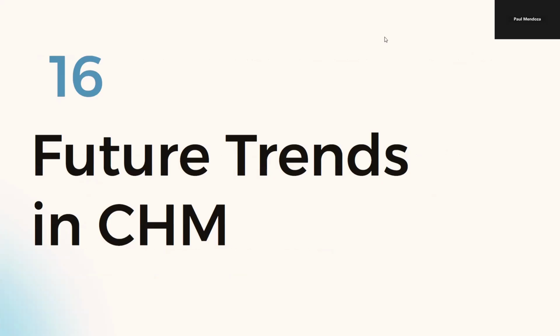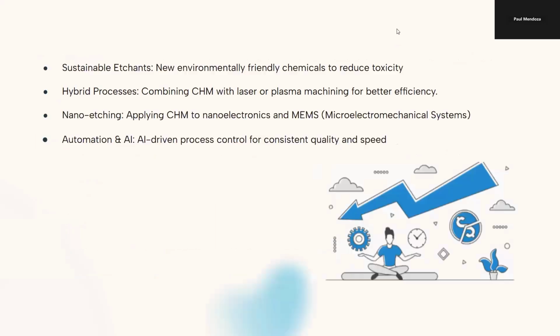Future trends in chemical machining. Future trends can be found in sustainable etchants, hybrid processes, nano etching, and automation and AI. For sustainable etchants, new environmentally friendly chemicals to reduce toxicity.